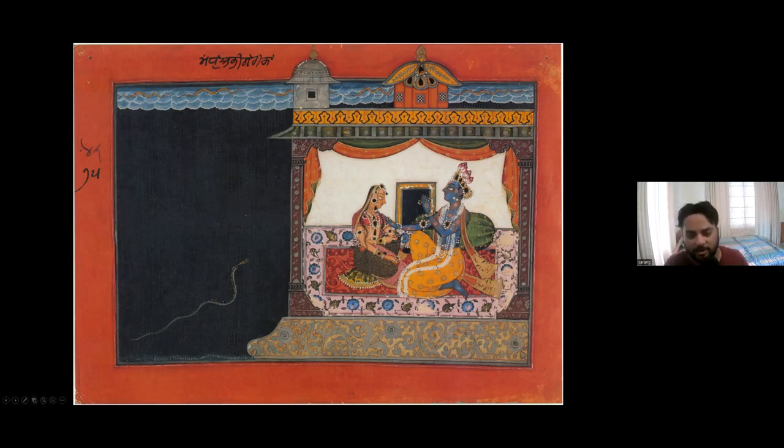So most of these poetries of Rasamanjari deal with the emotion of love, and even the Pahari paintings of love also is a topic worth exploring in detail. So this painting right here, let us first read the inscription, then we talk about what is being painted.